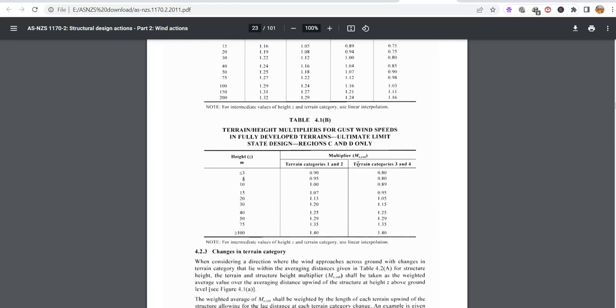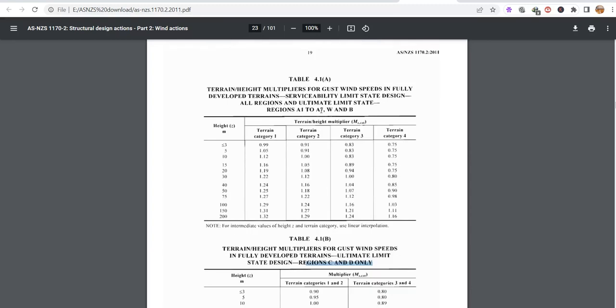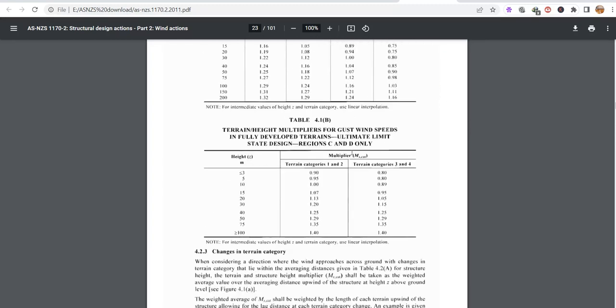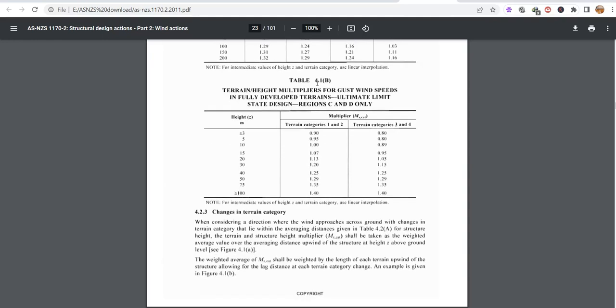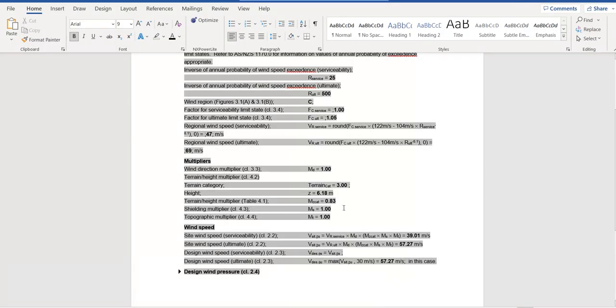For terrain category 3, I'm going to use region C and D only, because here is A, W and B, so I'm going to ignore this table. I'm going to use this table only, table 4.1b. The value for terrain category 3 is between 0.8 and 0.89 for 5 and 10. So do the interpolation and finally I'll get the value as 0.83.